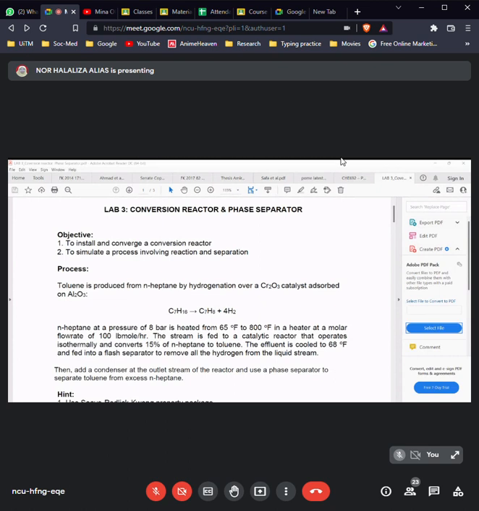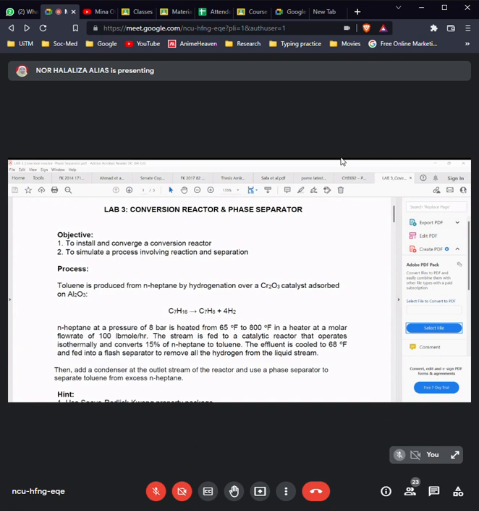Okay. Even though there is a catalyst here, but since we are using the conversion reactor, the catalyst will not take part in the simulation. Okay, untuk conversion reactor memang catalyst kita takkan take part dalam simulation. But if you have a PFR reactor, we have to include the information of the catalyst, such as the void fraction.